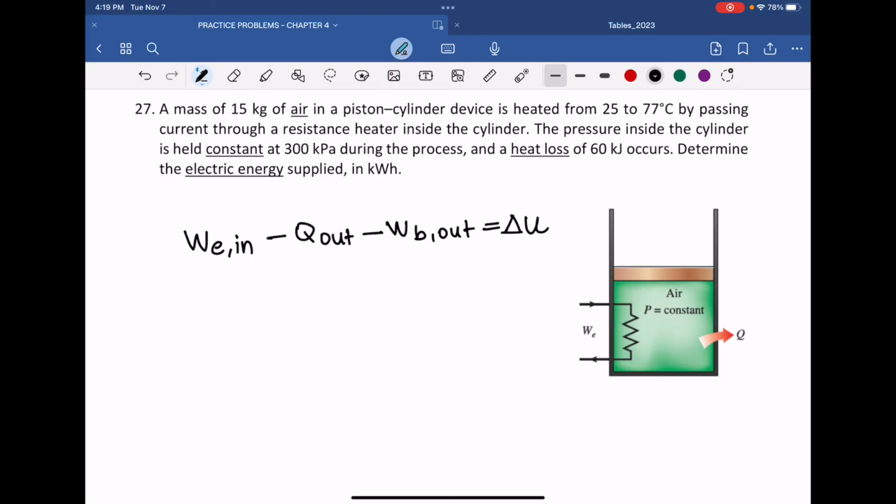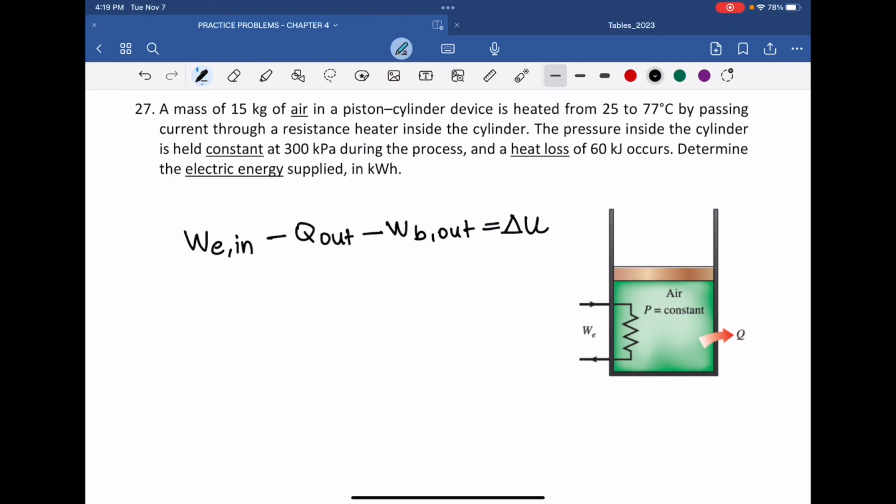Now here they say the system is being heated, so the internal energy is changing. Okay, so this signifies to me that the energy is increasing inside due to these energy interactions, even though of course the heat is getting out, there is electric work getting in.